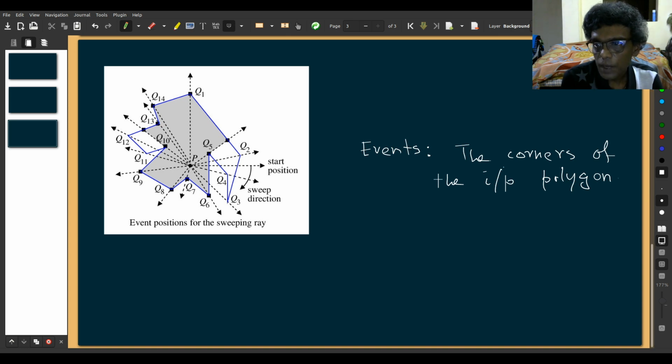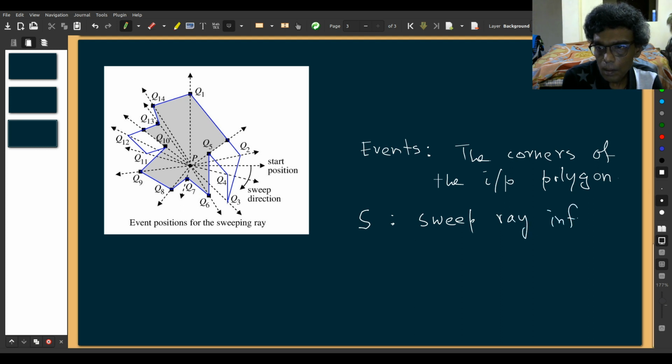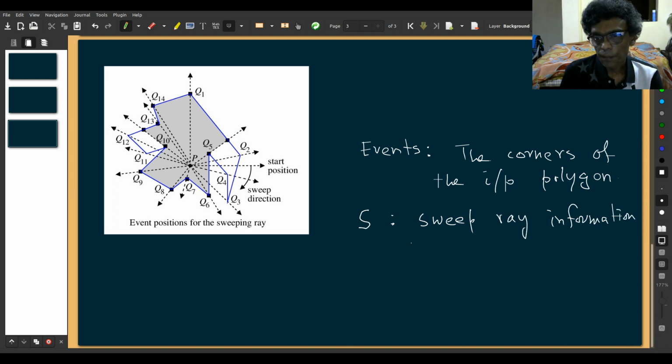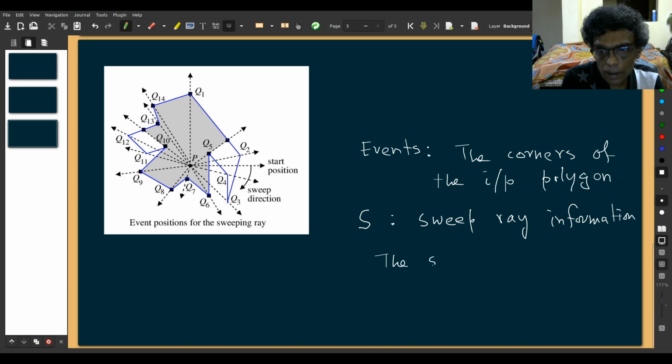Moreover, like that sweep line information, we will maintain a sweep ray information, which is nothing but the set of active edges of the input polygon. So, what is active?